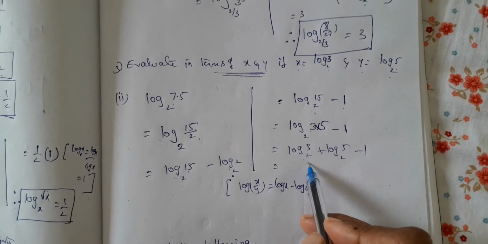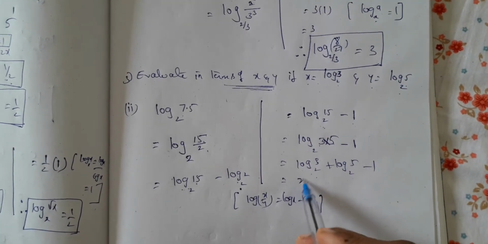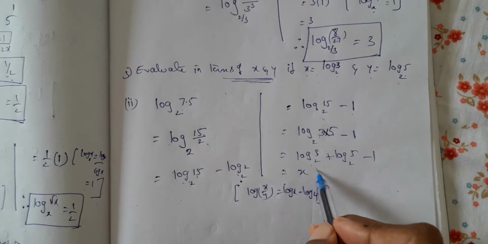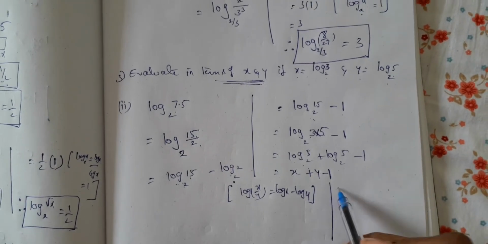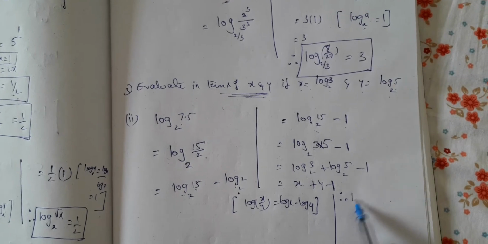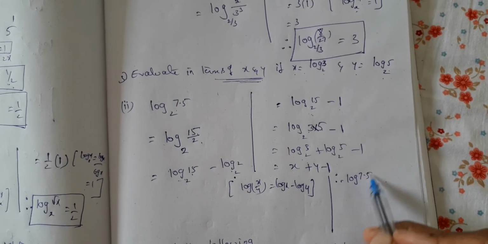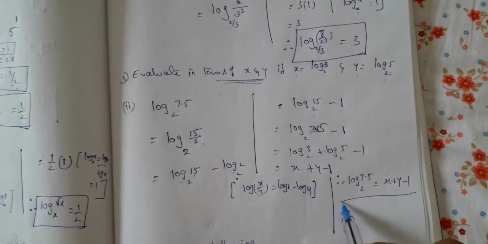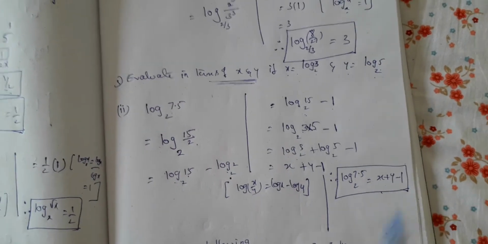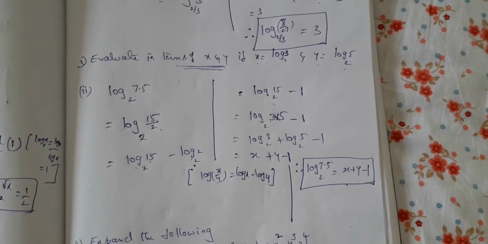What is log 3 base 2? x. What is log 5 base 2? y. Plus y minus 1. Beautiful. So therefore log 7.5 base 2 can be written as x plus y minus 1. This is your final answer.